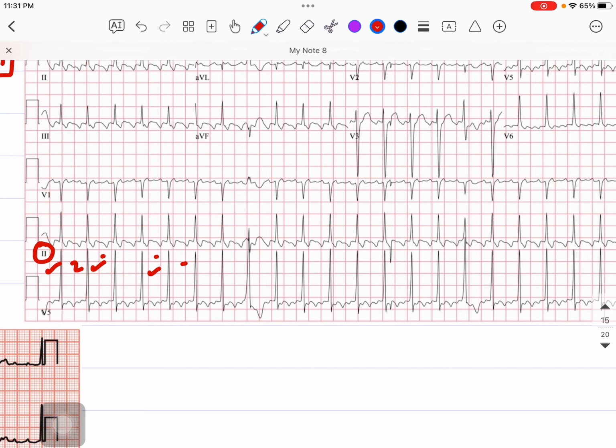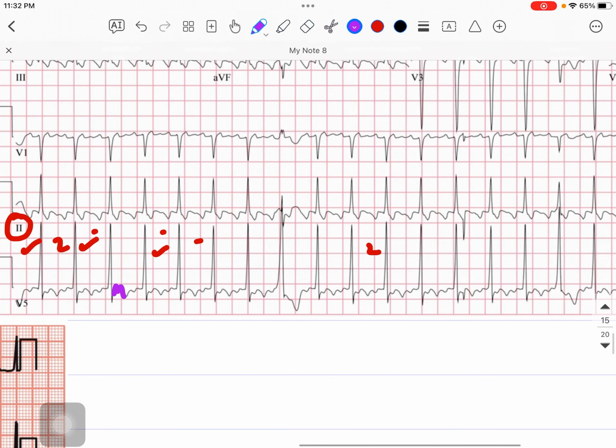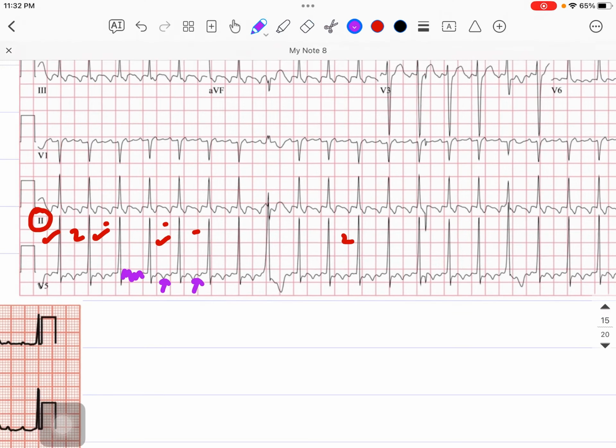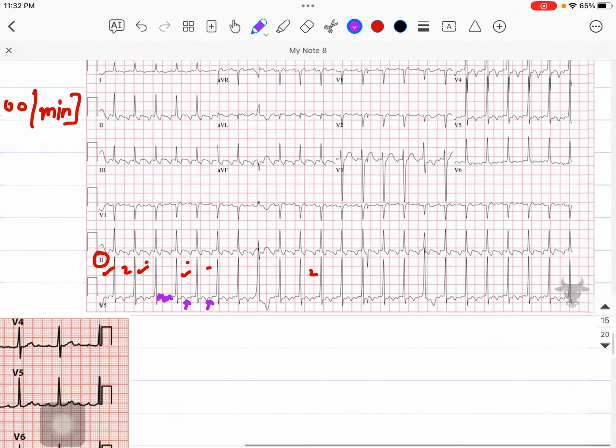Here might be two bigger boxes only. In between the RR intervals, what I can see are the fibrillatory waves. So this patient might be having atrial fibrillation.